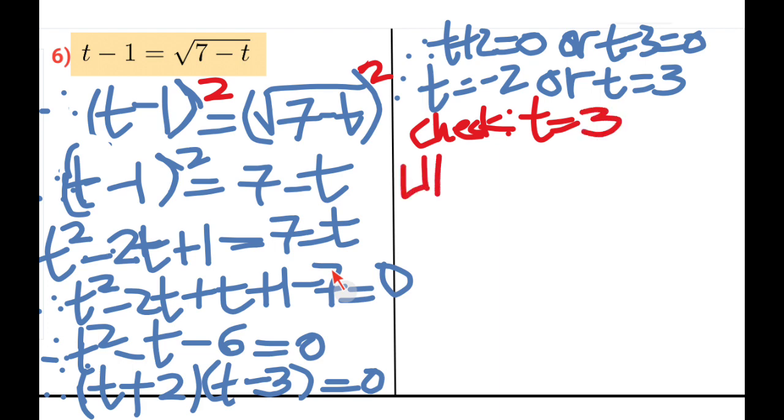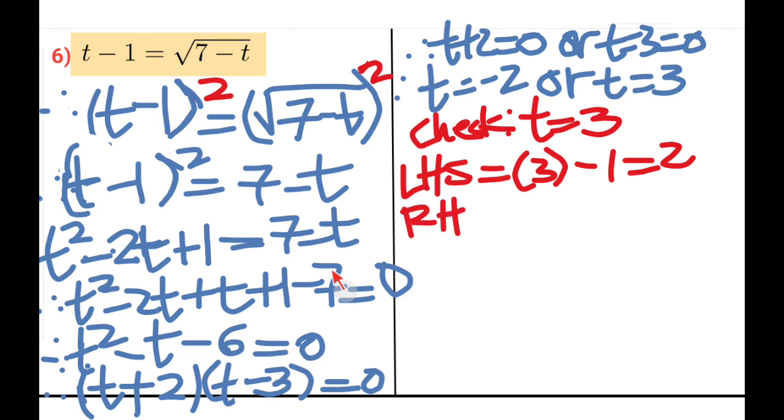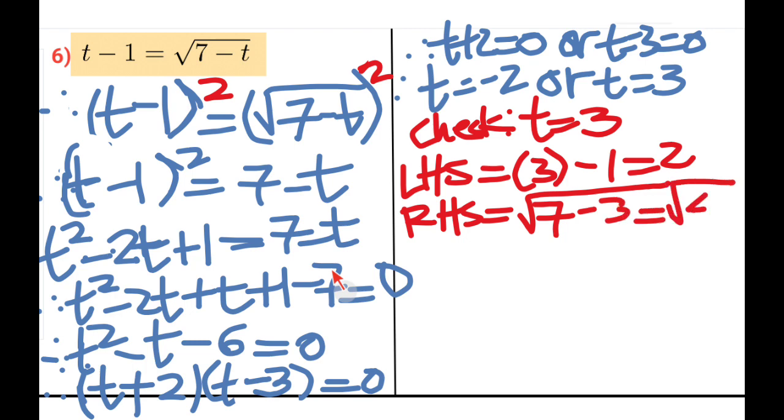The left hand side equals 3 minus 1, which is equal to 2. The right hand side equals the square root of 7 minus 3, which is the square root of 4, which is 2.